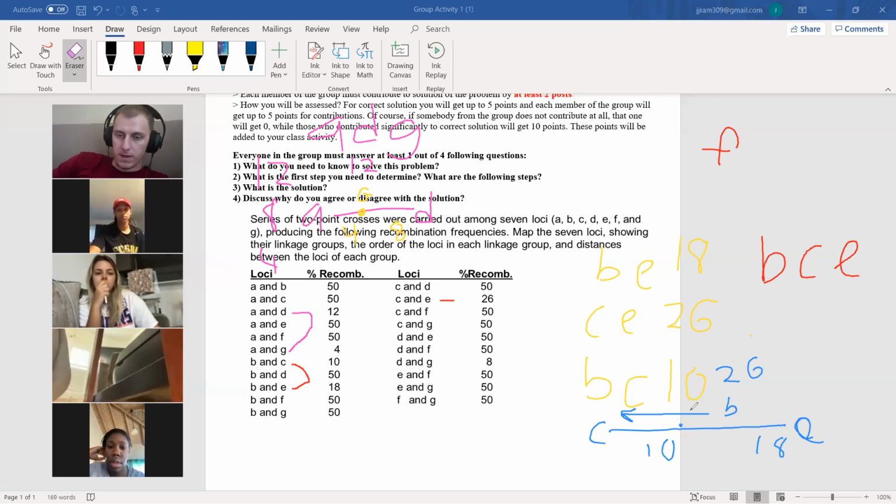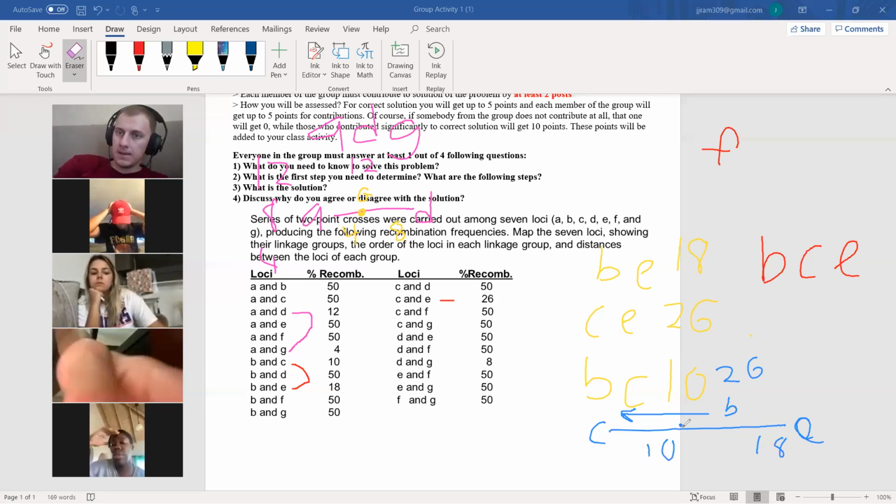That dot over there is now B. So the linkage distances of 10 and 18 should give us 28, but the longest recombination percentage we have for that linked group, C and E, is 26. So what do we think happened there, y'all?